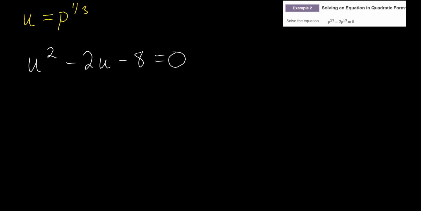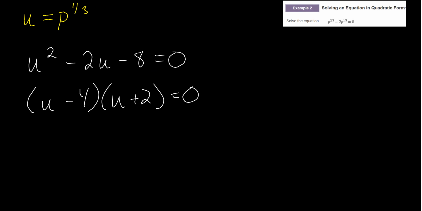Okay, and then from here it looks like 4 and 2, so we can say u minus 4, u plus 2 is equal to 0. So we've got u is equal to a positive 4, and u is equal to a negative 2.